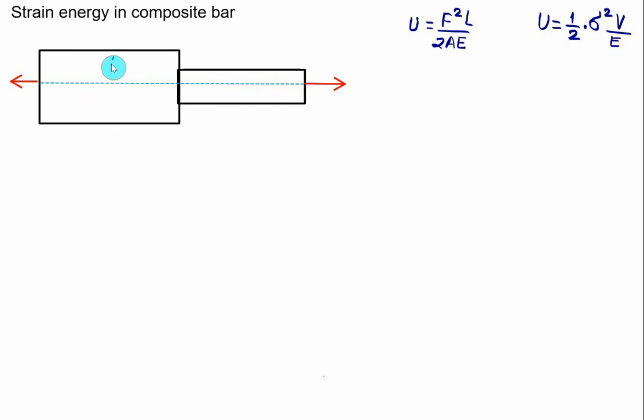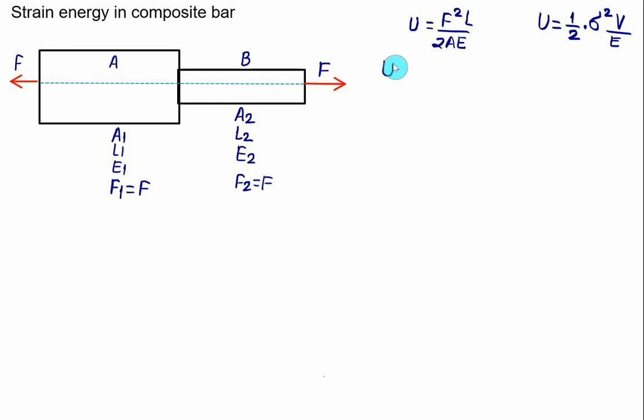Let's say bar A has area equal to A1, length equal to L1, Young modulus equal to E1, and bar B has area equal to A2, length equal to L2, and Young modulus equal to E2, and is subjected to one centroidal force equal to F. Now since only one force is acting, the force for A as well as the force for B remains the same. So in this case F1 is equal to F, and F2 is also equal to F.